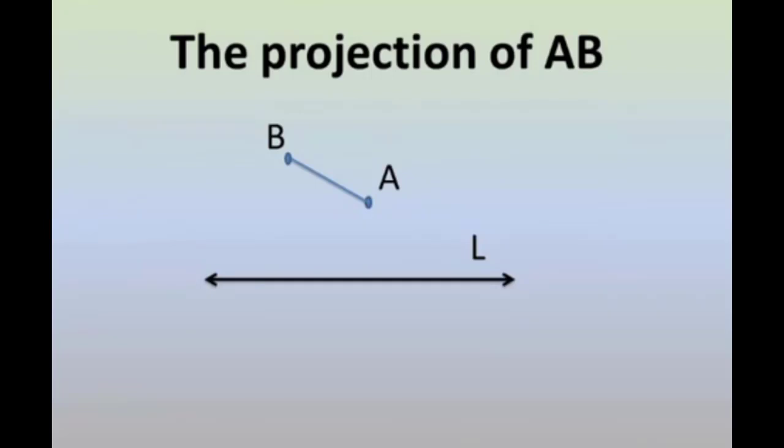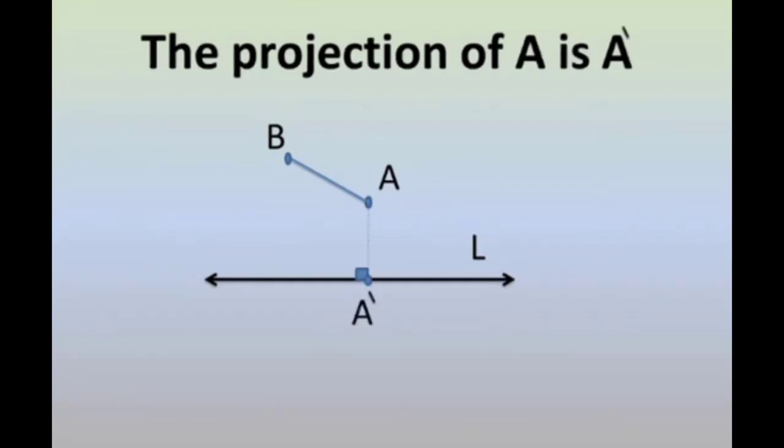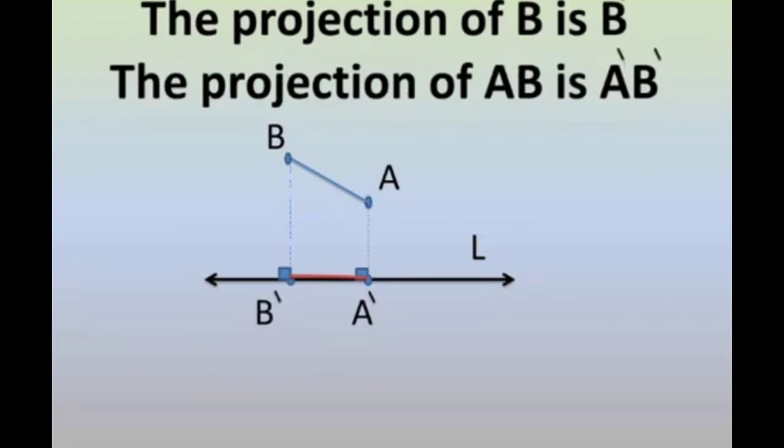Point A drops to point A dash and makes a perpendicular, and point B drops to point B dash and also makes a perpendicular. So the projection of line segment AB will be A dash B dash.